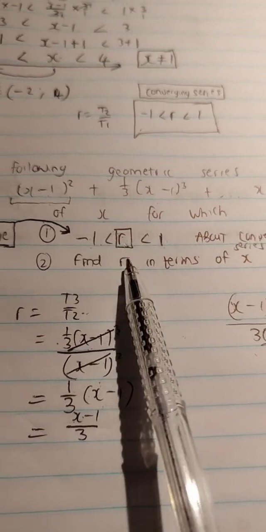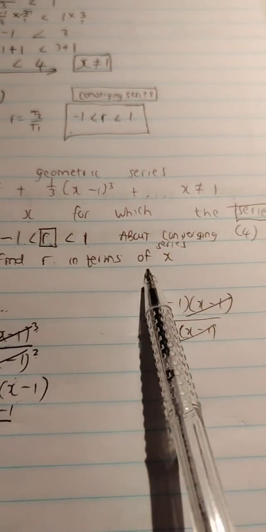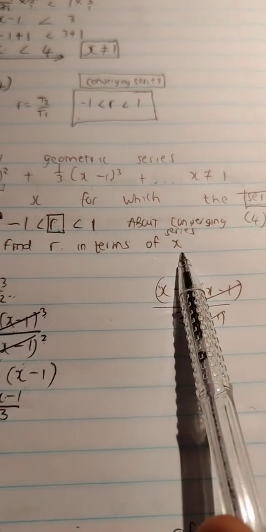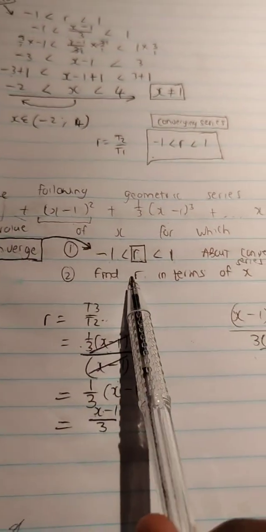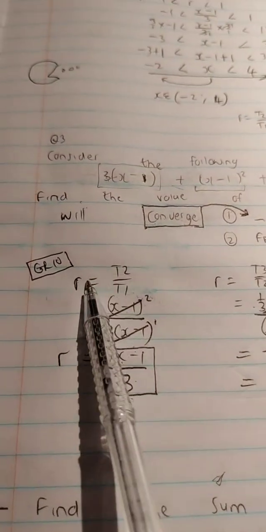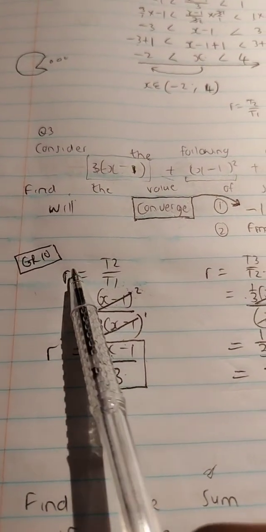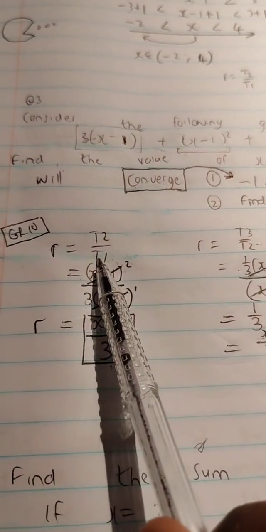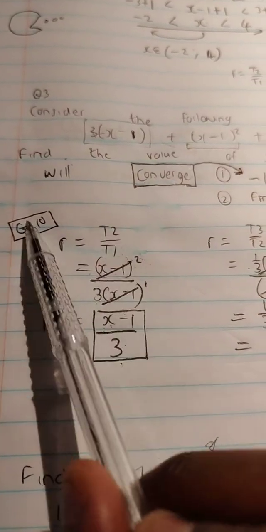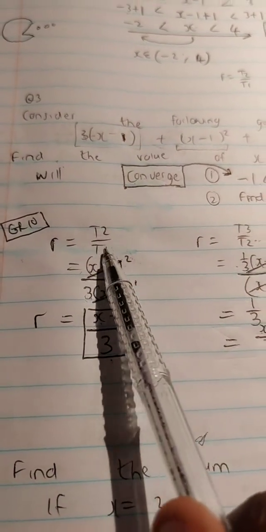We want to find it in terms of x. Then you find r how? You write down the formula for the constant ratio. r is equal to T2 divided by T1. This is your constant ratio formula.